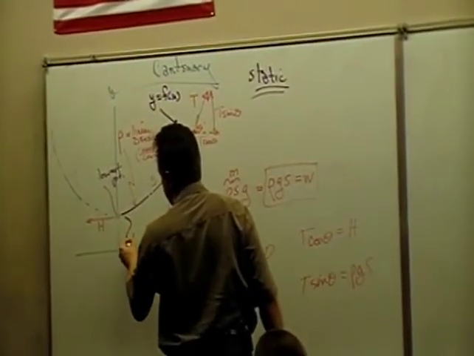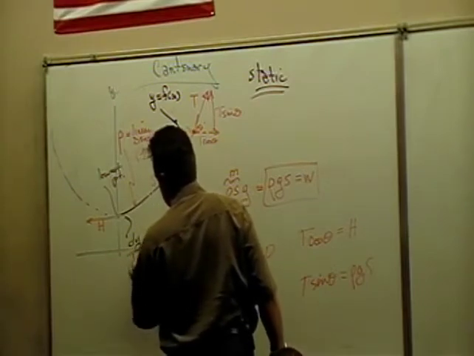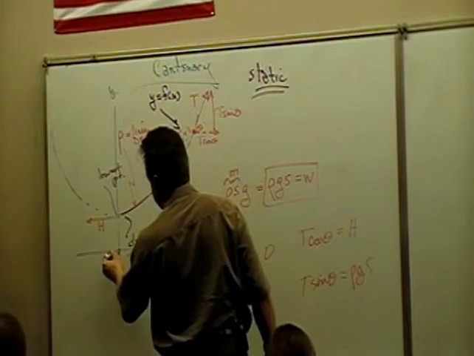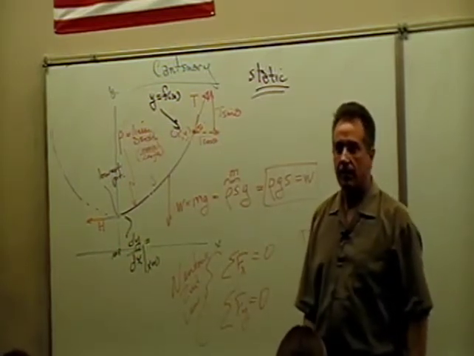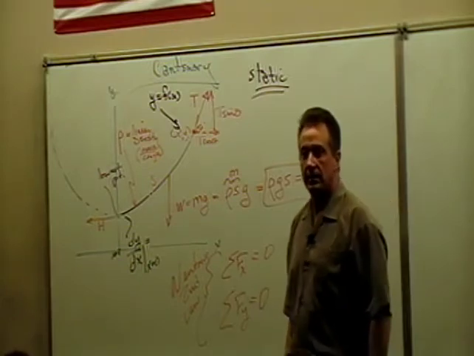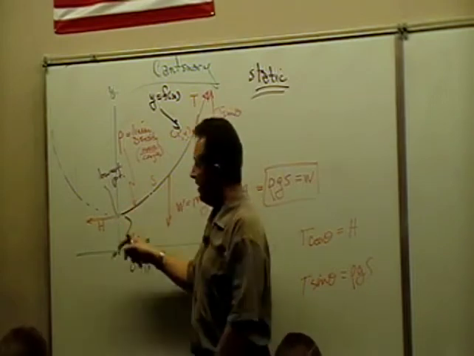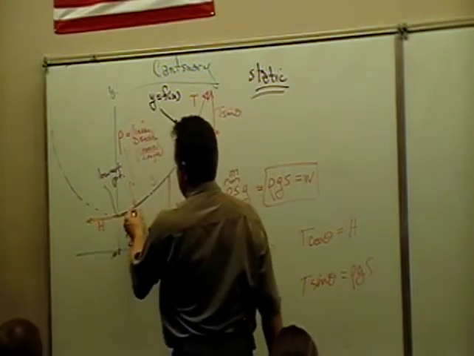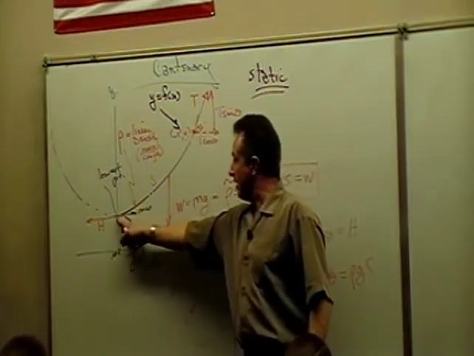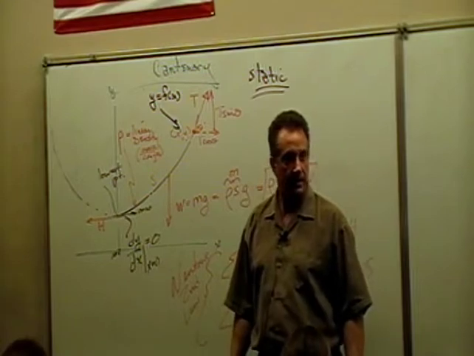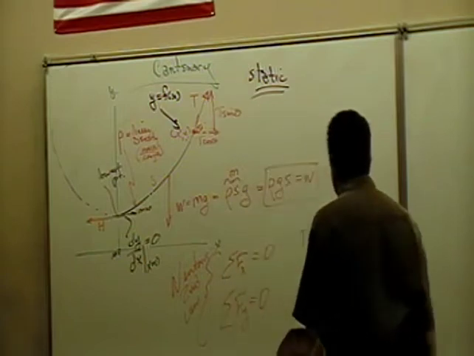If I took the derivative of y with respect to x at x equaling 0, right here, what should that derivative equal? 0. Why? It's the bottom of the arc. The slope of the tangent line to this curve at this point is M equaling 0, so the derivative of y with respect to x at this point should be 0, right? It's a critical point. Derivative should equal 0. Okay, keep that in mind.